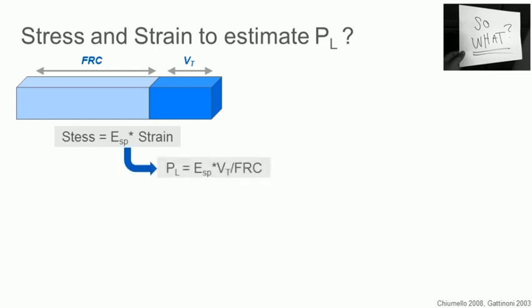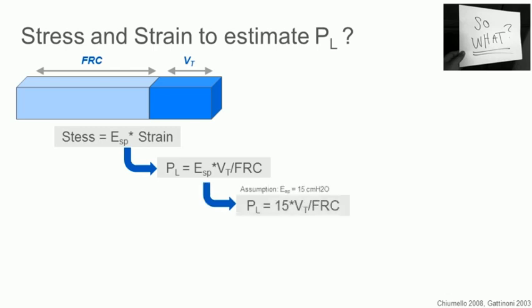And if we now replace the stress by the transpulmonary pressure and the strain by the ratio between the tidal volume and the FRC, you have this relationship with the transpulmonary pressure being equal to the specific elastance times the ratio between the tidal volume and the FRC.